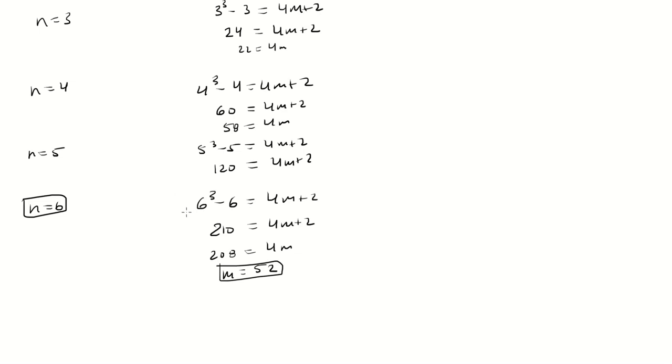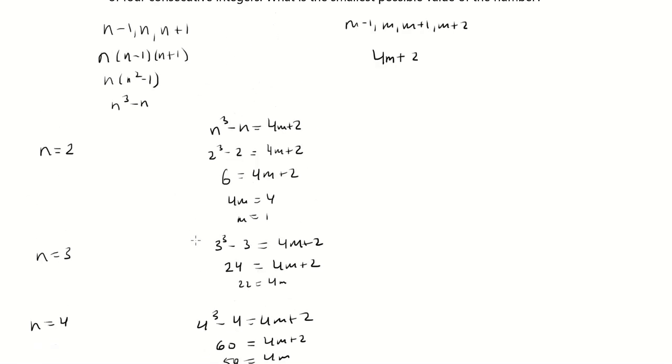So let's plug it back in. For n equals 6, we have n minus 1, n, and n plus 1. And for m equals 52, we have m minus 1, m, m plus 1, and m plus 2.